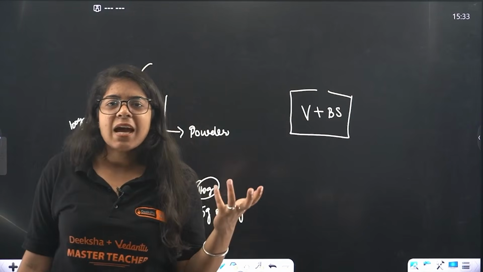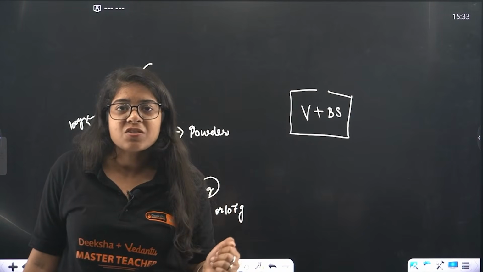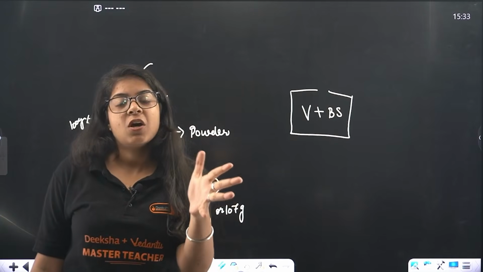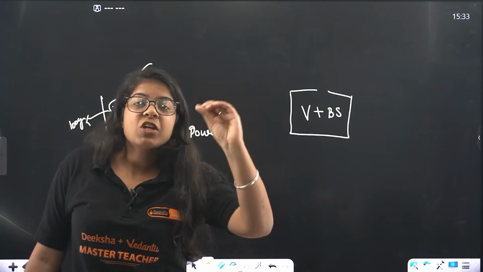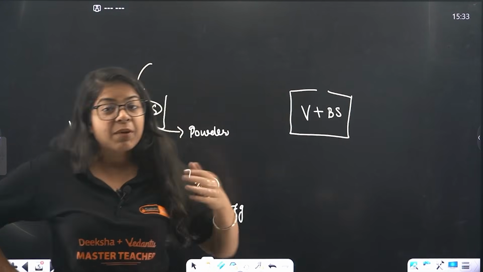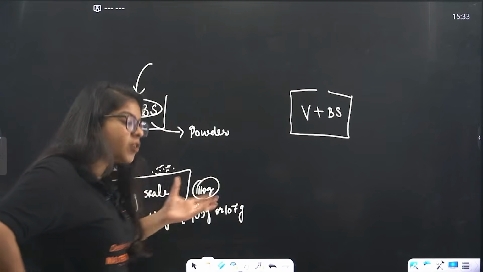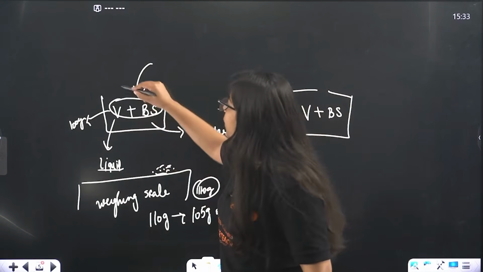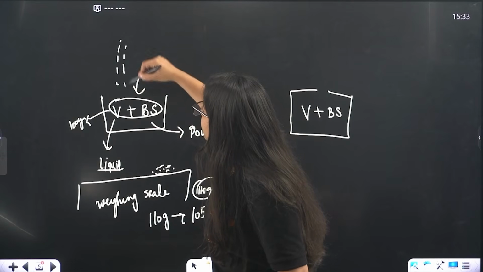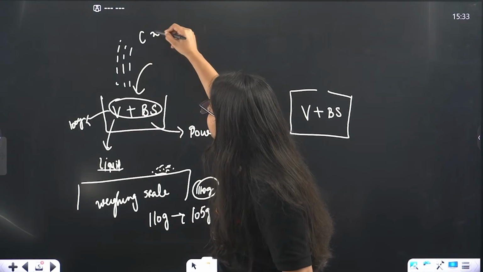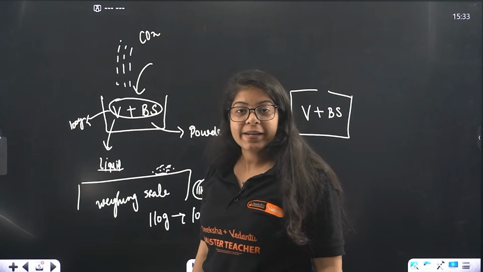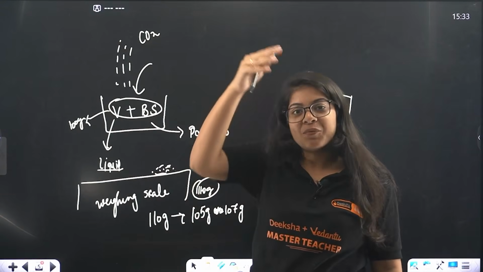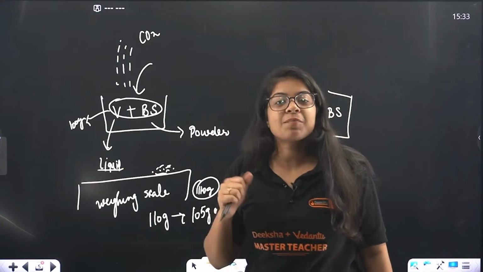But we studied that mass does not change in physical change. Also, mass does not change in chemical change. Ma'am, what are you saying? But we clearly see that the mass changed. Beta, mass changed. Why? Because of the gas that came out, because of the carbon dioxide that came out from this whole reaction. We didn't weigh carbon dioxide. The carbon dioxide that went to the air also has some mass, right?